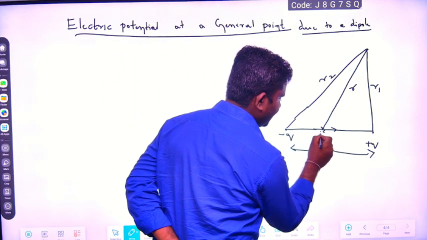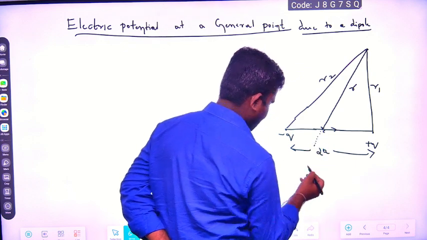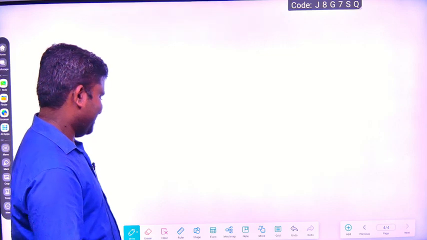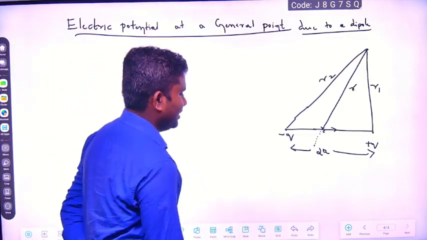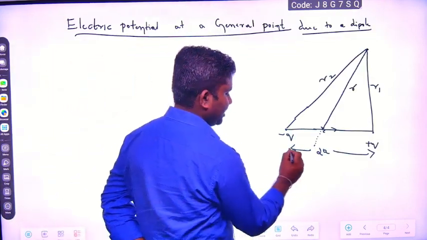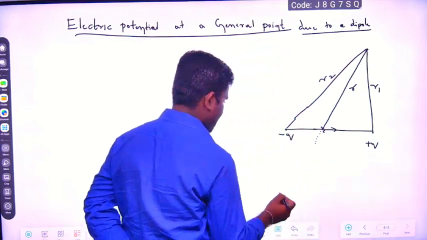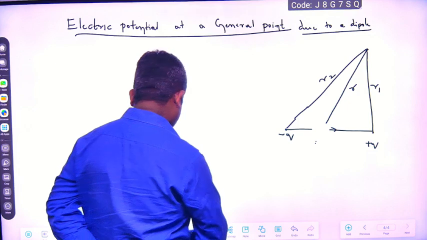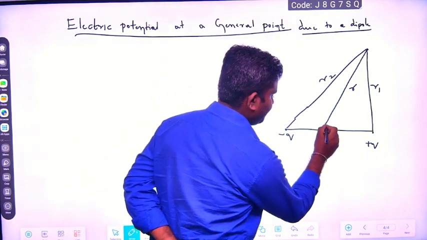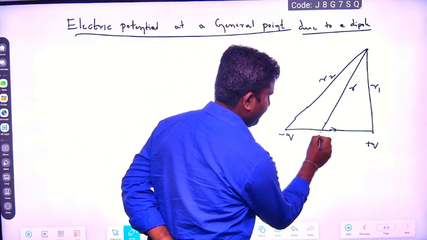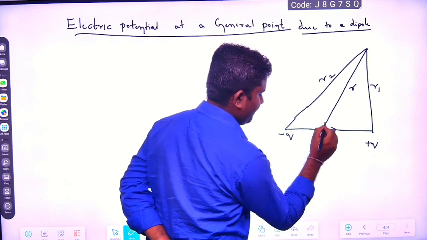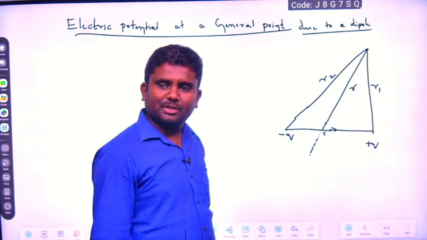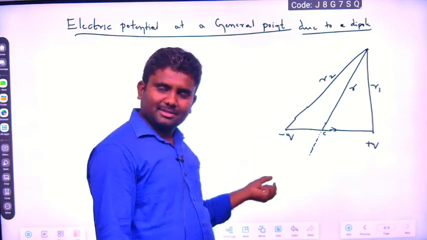Just extend this line. Okay, this is the center of the dipole. I just extended that line.